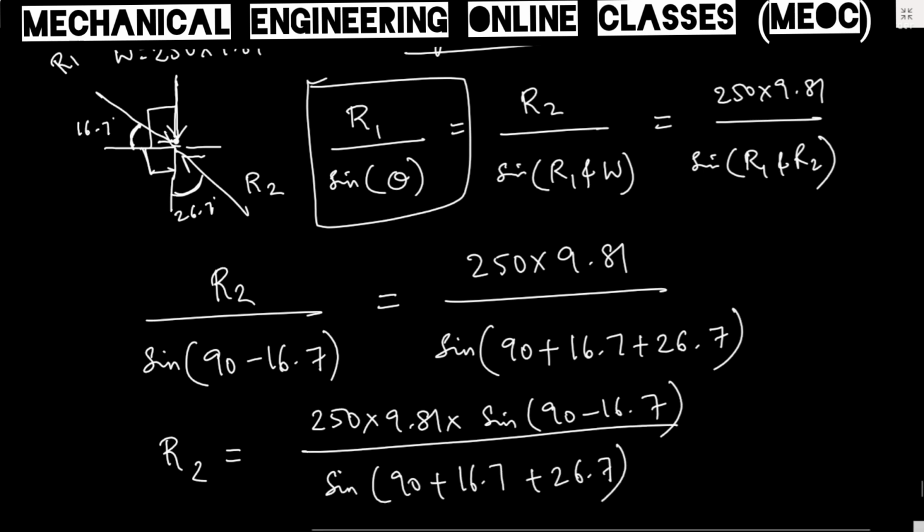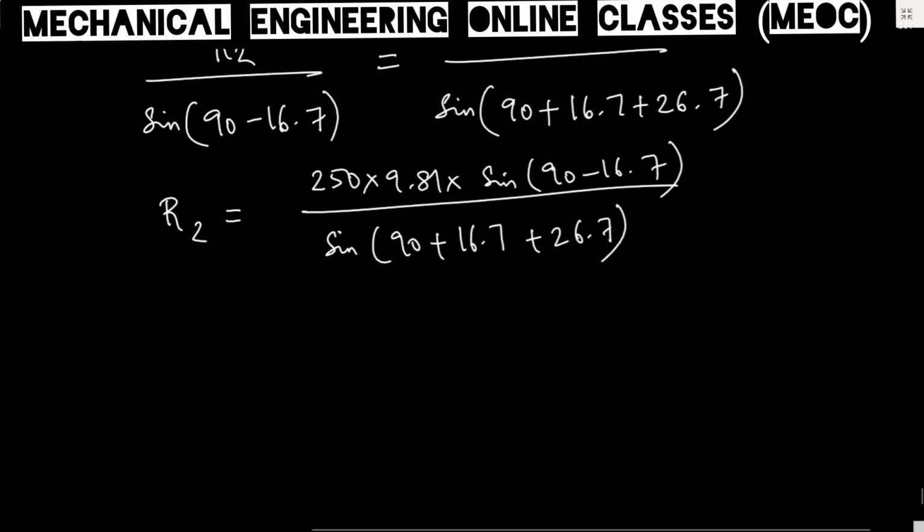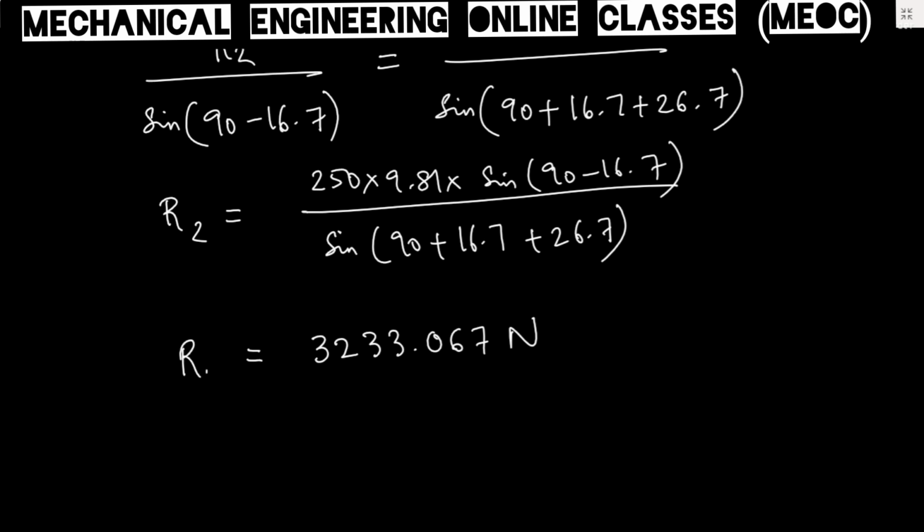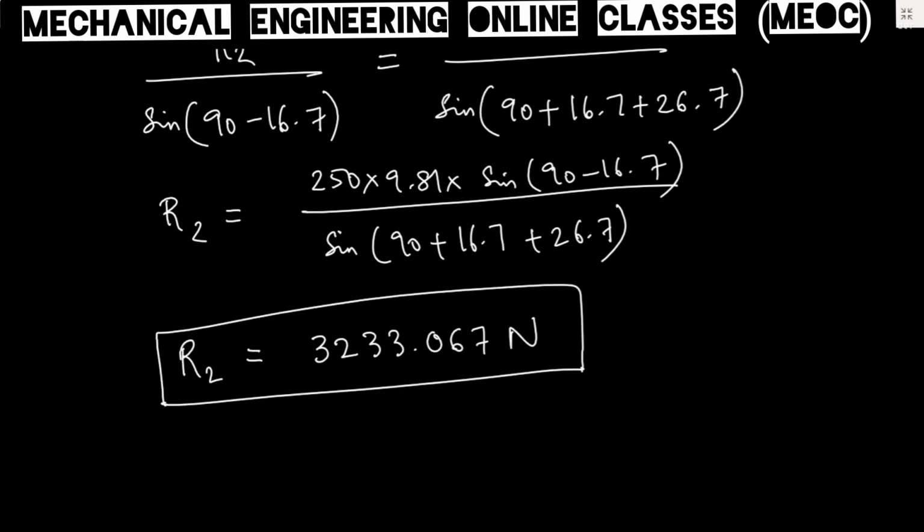Because 250 is taken in terms of Newton, R2 also will be in terms of Newton. So we get R2 value as 3233.067 newtons. So this is how we have found R2. So without many equations, within one equation we have got R2. We got it in one equation because we applied Lami's theorem.